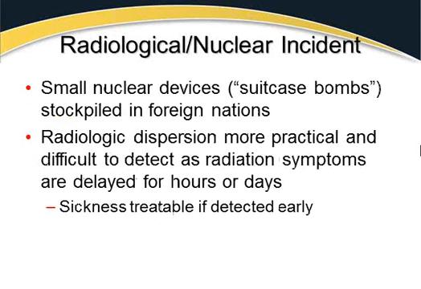If we're talking radiological or nuclear incidents, small nuclear devices such as suitcase bombs can be stockpiled in foreign nations. Radiologic dispersion is more practical and difficult to detect, as radiation symptoms often are delayed for hours or days. And if it's found early, it's treatable.